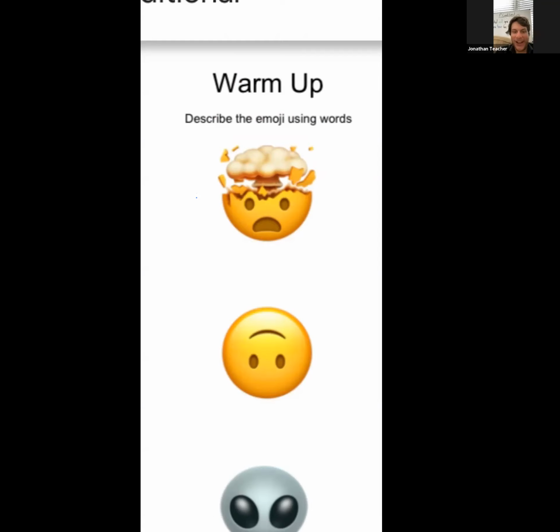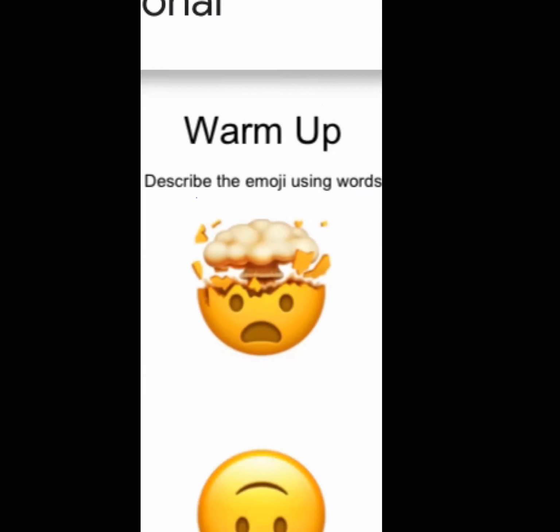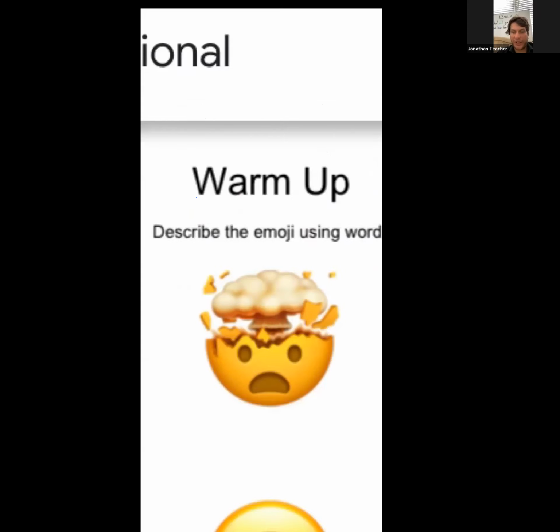Can you describe this emoji using words? The first could be, I don't know, stress or scared. Okay. That's cool.